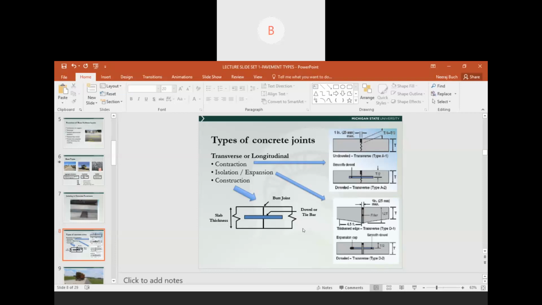So the coefficients of thermal expansion of all these materials are quite different from a concrete pavement. And if you don't isolate the movements of these structures from each other, you can cause failure in both those structures. So an expansion joint is placed predominantly to separate the movements of dissimilar structures, for example, bridges and pavements.